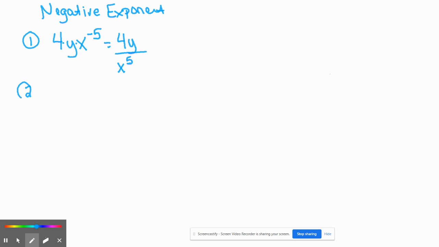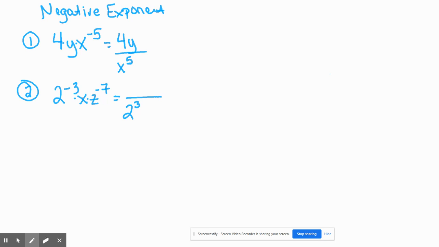Okay, take a look at another one. If I have 2 to the negative 3rd, x, z to the negative 7th. Okay, again, remember, there's really multiplication symbols in between them. So let's go through each term. So the 2 has a negative exponent, so that needs to flip to the bottom. The x has a positive exponent, because there's really a 1 there.